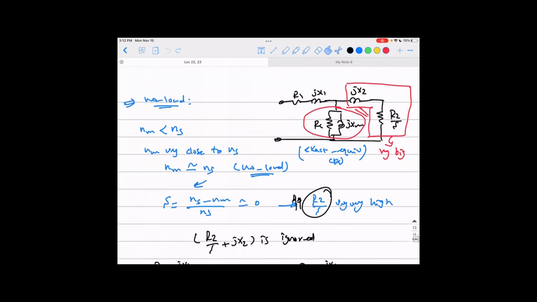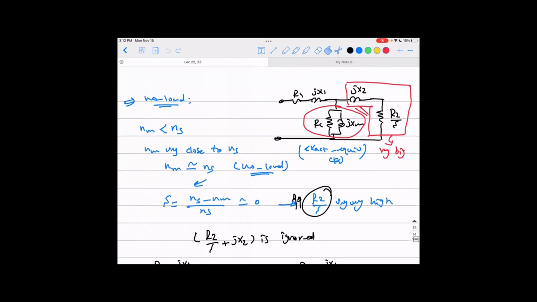Like we said, with no load the machine speed is very high, very close to the synchronous speed. It's almost equal to the synchronous speed, but a little bit less than it. It cannot exactly equal the synchronous speed, otherwise there will not be relative speed between the rotor and the stator, and that means there's no change in the magnetic field seen by the rotor, and this will just kill the machine's torque, because the whole theory of operation depends on induction.